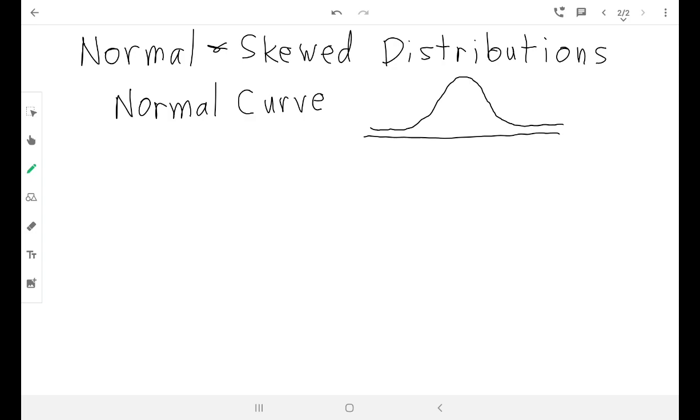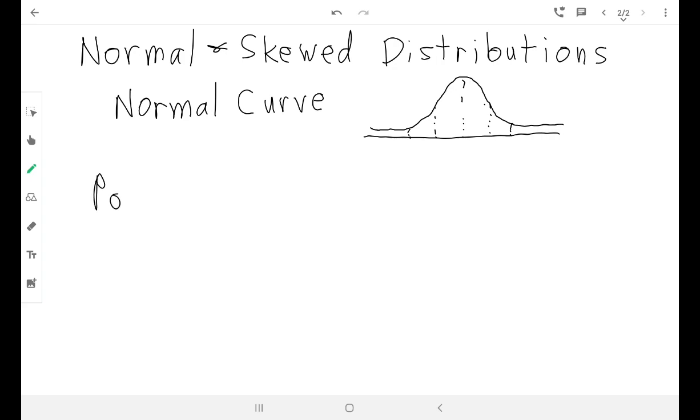It's got its center right there, and then it's got these partitions, and a little later we'll talk about what those partitions mean. But for right now, I just want you to see it. So that's a normal curve.